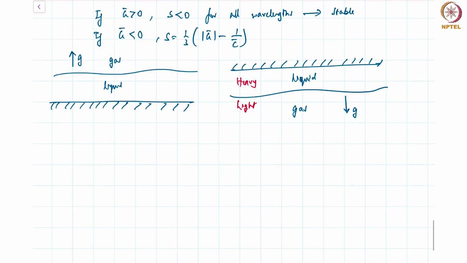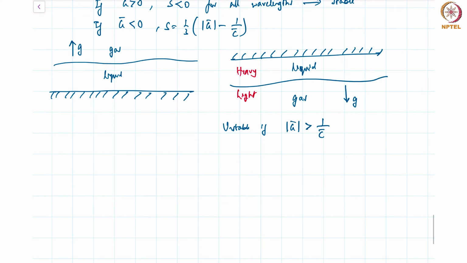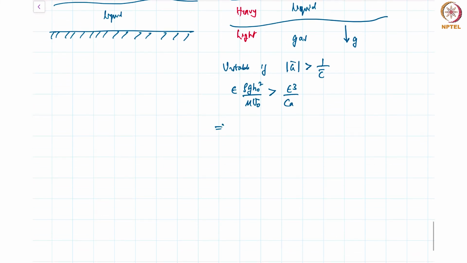And therefore it is unstable if the magnitude of G exceeds 1 by C bar, or in terms of parameters, if we substitute the expressions for G and C, rho G H naught square by mu U naught is greater than epsilon cube by capillary number.